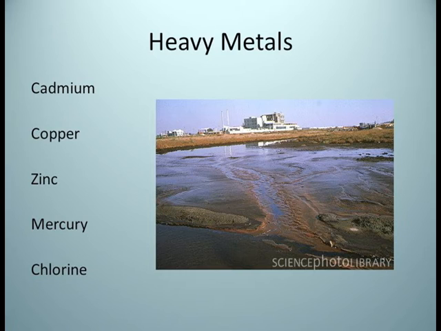Zinc is commonly discharged into surface waters as a result of mining activities, industrial processes, and urban runoff. While studies suggest zinc is not as acutely toxic to freshwater mussels as copper or cadmium, it may accumulate to high concentrations in surface waters impacted by mining, waste, or industrialization. At high concentrations, zinc may elicit sublethal responses. Mercury contamination in surface waters may result from pesticides, hazardous waste disposal, waste incineration, and fossil fuel combustion.